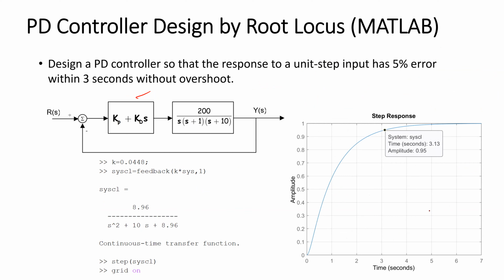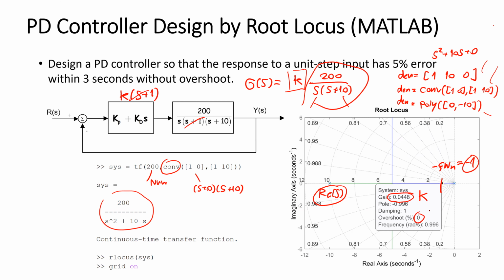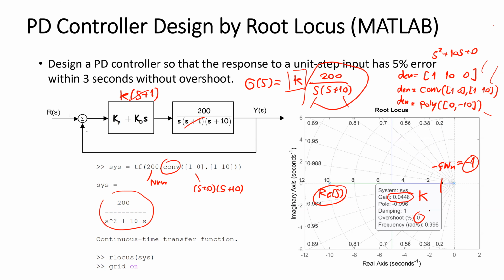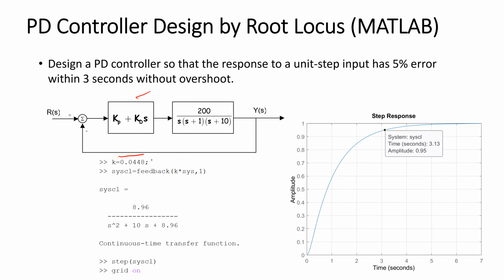Then how can we obtain the step response plot to confirm that we achieve the speed requirement and the overshoot requirement? The gain 0.04, closed loop.